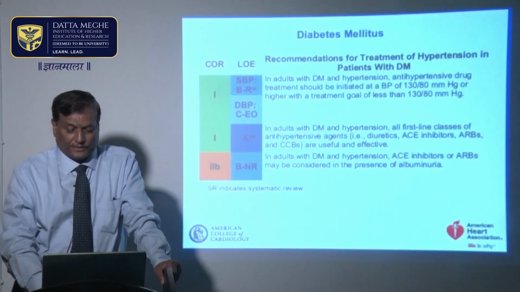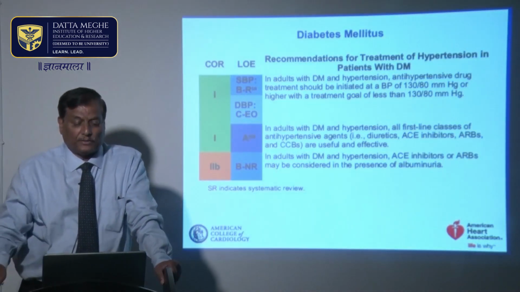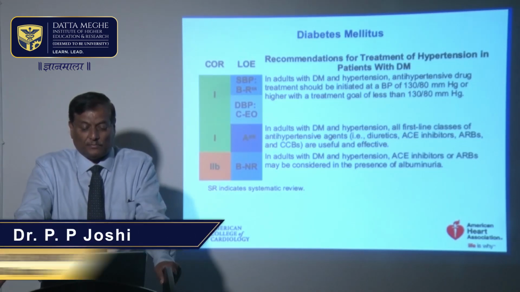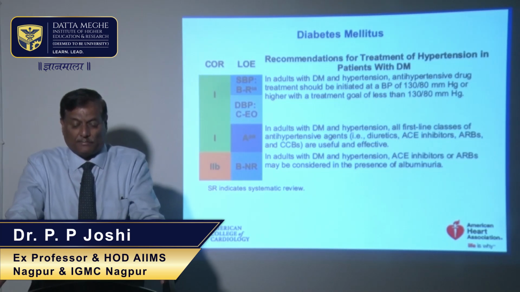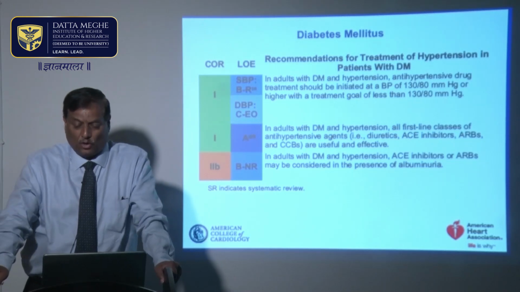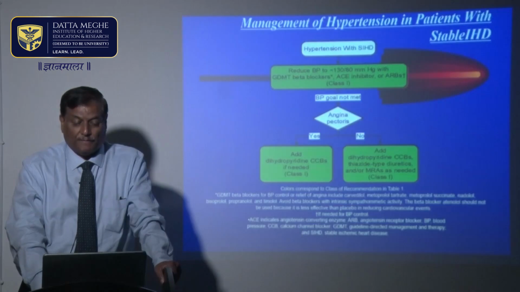pressure more effectively. For diabetes mellitus, this is again the class of recommendation and level of evidence. Class 1 indication: blood pressure should be brought down to 130/80, and the first line of drugs is ACE inhibitors or ARBs, and they can be combined with calcium channel blockers.